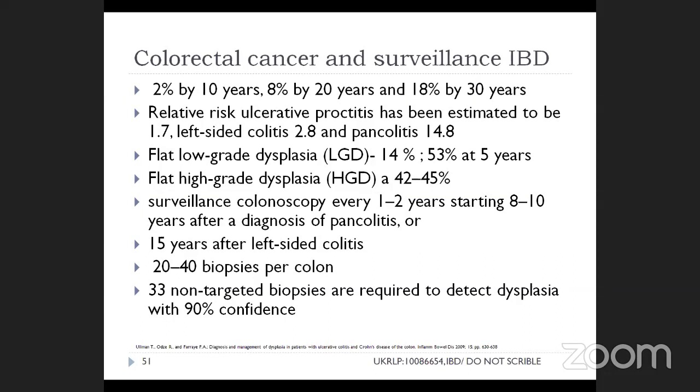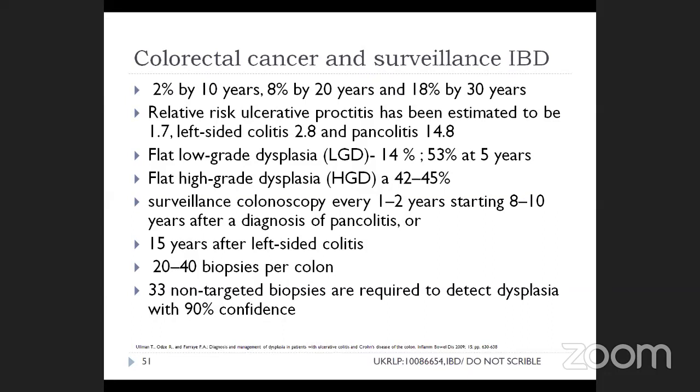There are two criteria included here: flat low-grade dysplasia and flat high-grade dysplasia. Flat low-grade dysplasia has a 14% chance of malignancy, and 53% after 5 years. When there is high-grade dysplasia, there is a 42 to 45% chance of colorectal malignancy.